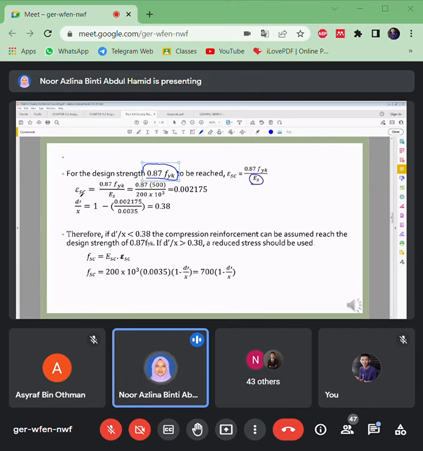Once you replace FYK, and then this is the steel modulus, so this is the limitation for checking compression reinforcement. D prime divided by X should be less than 0.38.